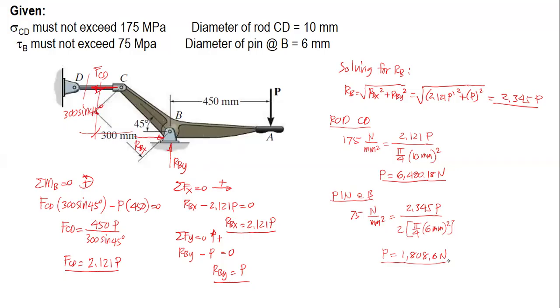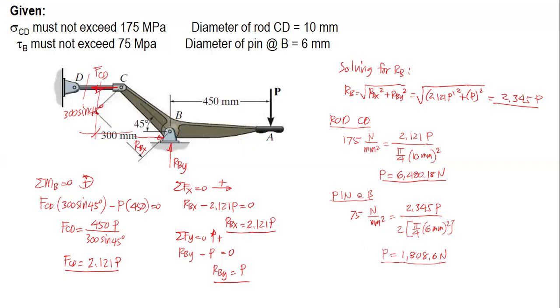Okay, now we have two values of P, and if you want to determine the largest safe value, it should be the smaller value. Because if you use 6,480 in this equation, if you replace P by this value, the shear stress of the pin will exceed 75 megapascal, so the pin will fail.